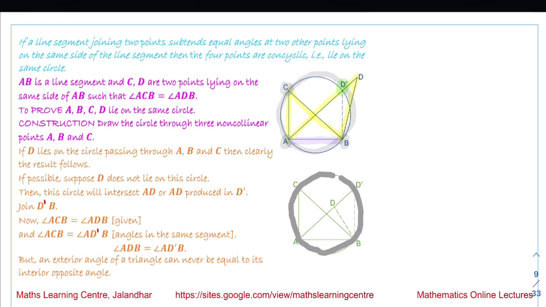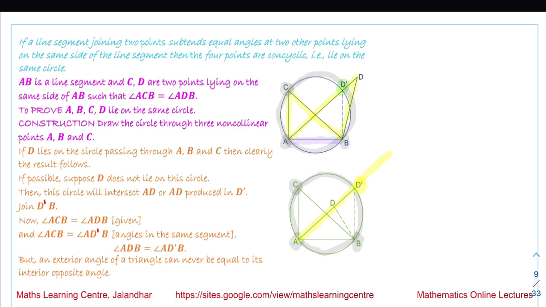We have drawn this circle passing through the points A, B and C. We are saying D is not lying on the circle. Then if we extend this line AD, this line will intersect the circle at some point D dash over here.